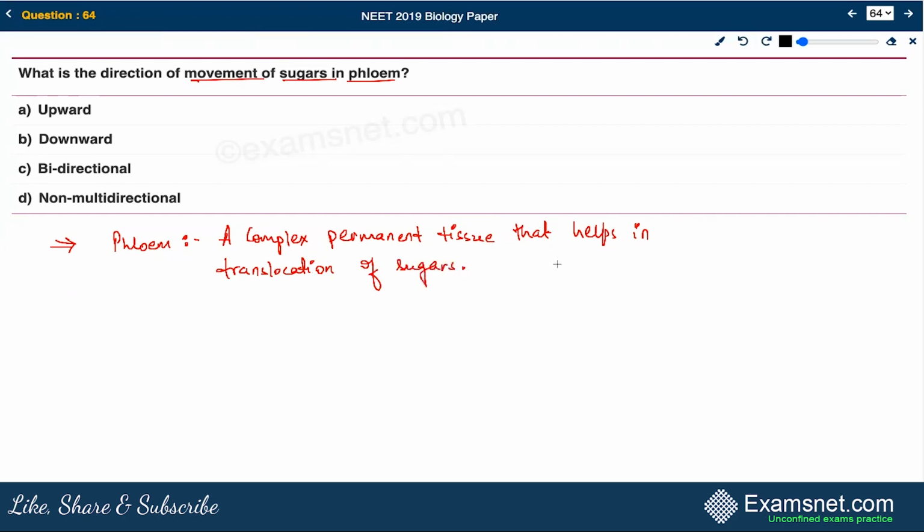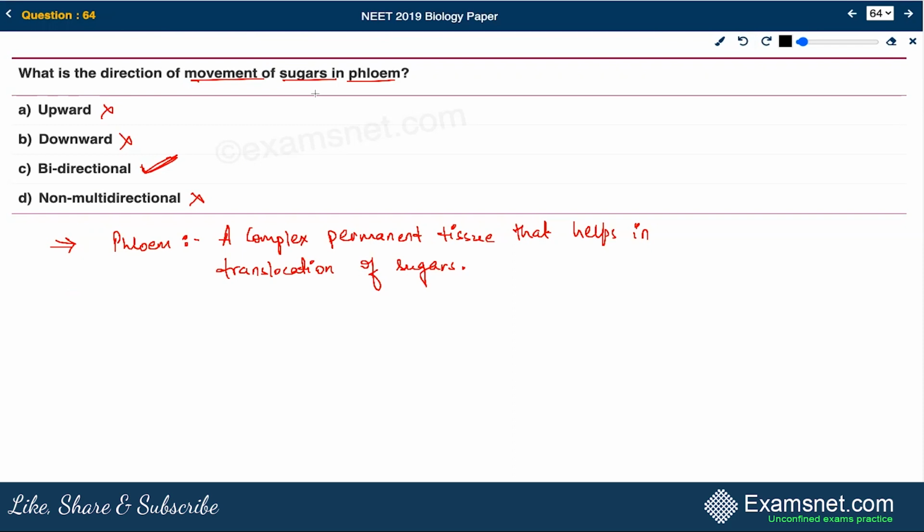Now regarding the movement, the movement of sugars in the phloem is not only upward, not only downward, and not multi-directional, but it is considered a bidirectional transportation. Why? Because the movement of these sugars in the plant body depends upon the source and sink relationship.